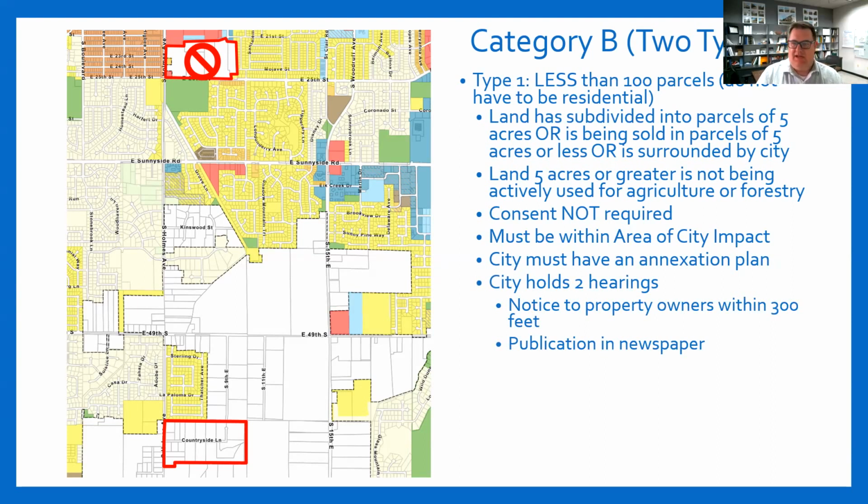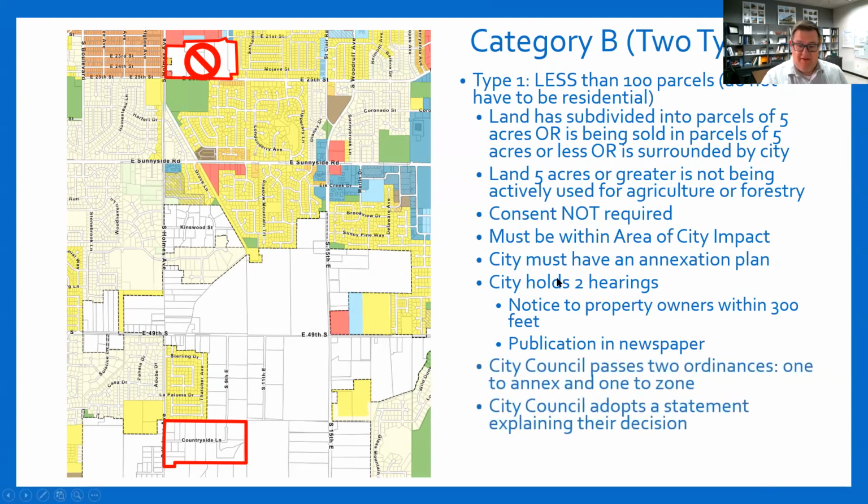So the notice has to be 28 days in advance, and they're providing the plan, they're providing the notice of what's happening, what zones the city is proposing, all of those things, so that residents that are being affected have a chance to consider it, ask their questions, and learn all they need to know about the proposed annexation. Now, beyond those things, the rest of the process is the same. Pass 2 ordinances, annex it, zone it, adopt a statement explaining the decision.